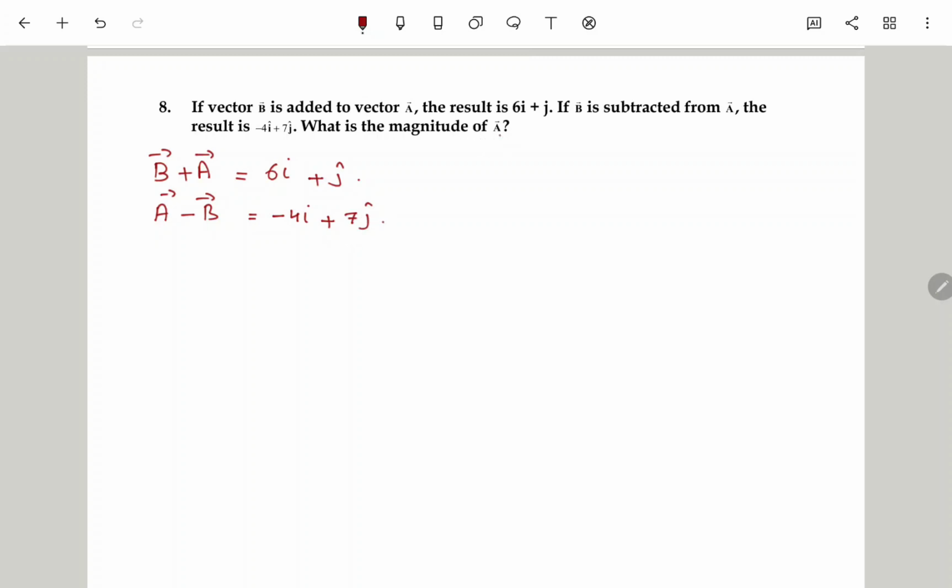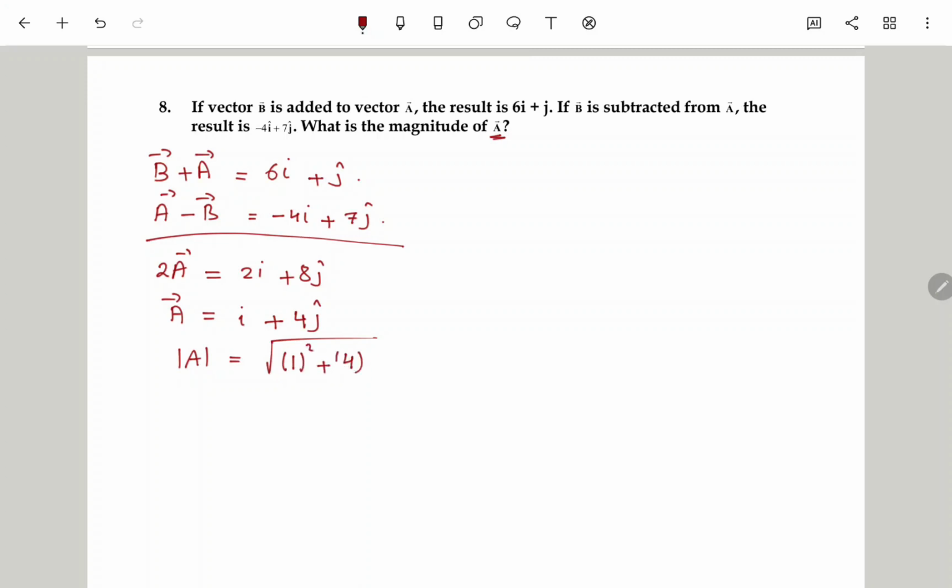Now, we look for the magnitude of A. You just add these two equations together, and 2A equals 2i plus 8j. In other words, A as a vector equals i plus 4j, and the magnitude of vector A equals the square root of 1 squared plus 4 squared, or the square root of 17, or 4.12.